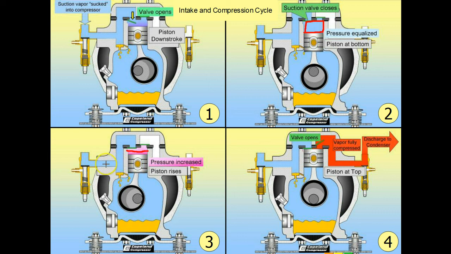This is key. So at the intake, our vapor is 40 degrees, and at the discharge side, depending on what the temperature is, it's going to be up there in the 150, 160 degree range.